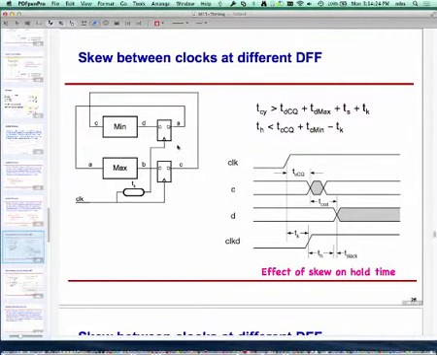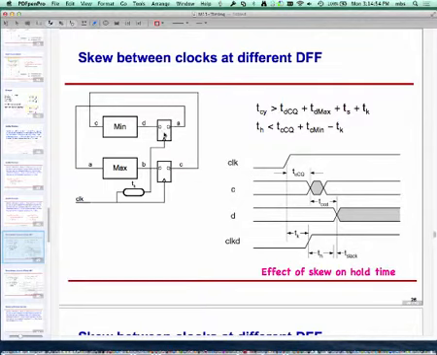So what will now happen is I have to say tk, because I'm starting out late, plus the propagation delay of this flip-flop, plus this long propagation delay, plus the setup time should still be less than the clock cycle. So this tk is increasing the right-hand side, which is bad for us because if I didn't have any margin, this inequality may not be satisfied.